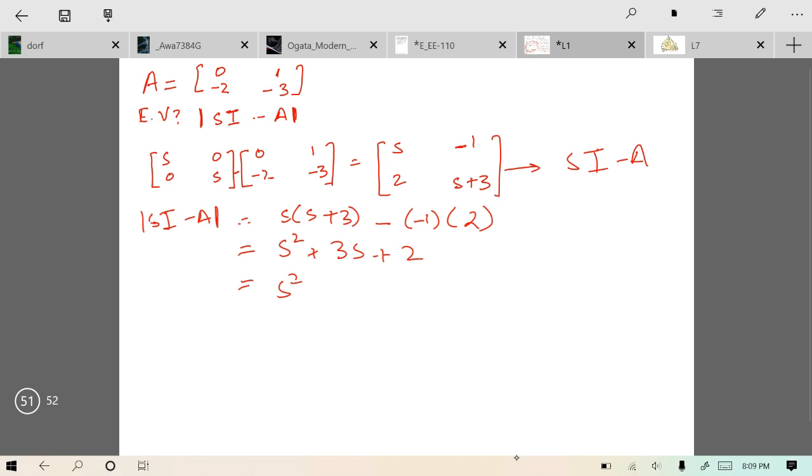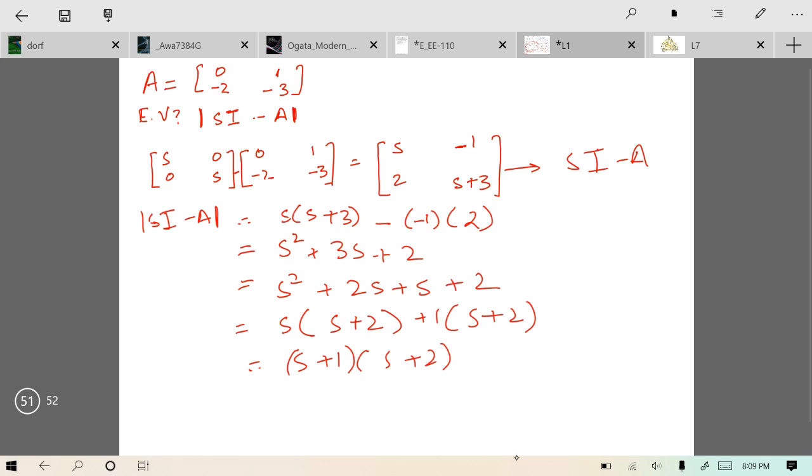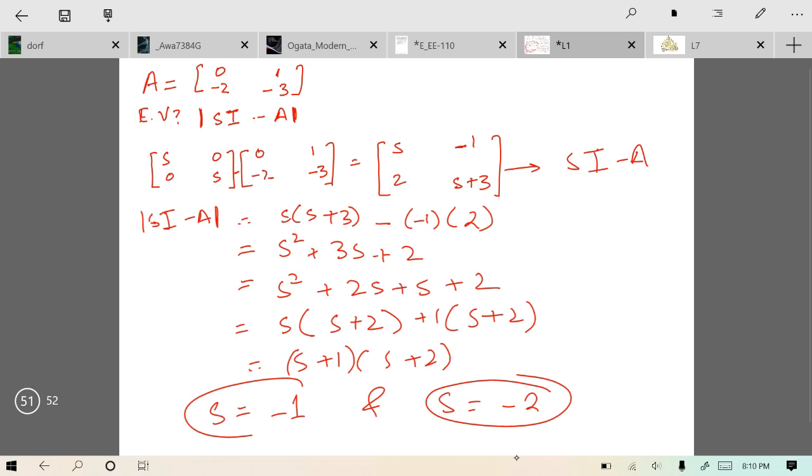I can write it as s square plus 2s plus s plus 2, s common, s plus 2 plus 1 common, s plus 2, which is s plus 1 and s plus 2. So eigenvalues are s is equal to minus 1 and s is equal to minus 2. So yes, eigenvalues are distinct.